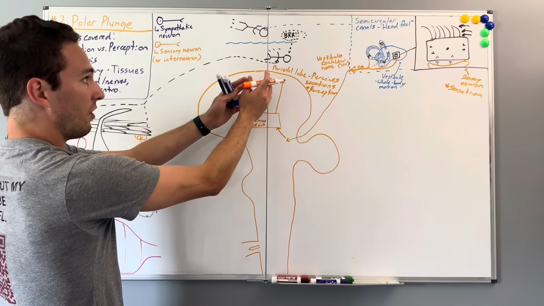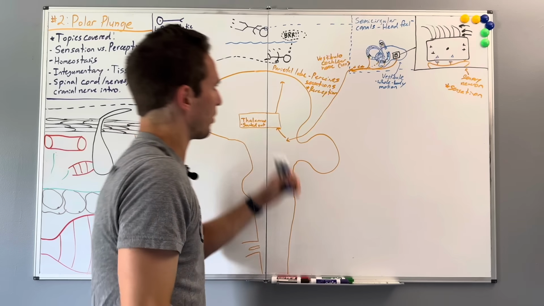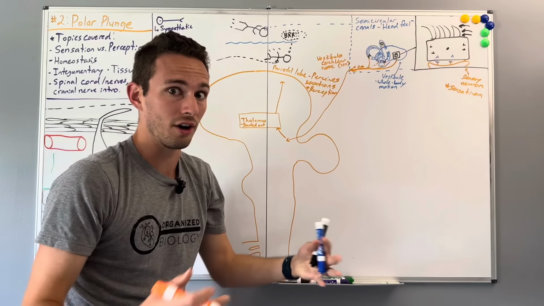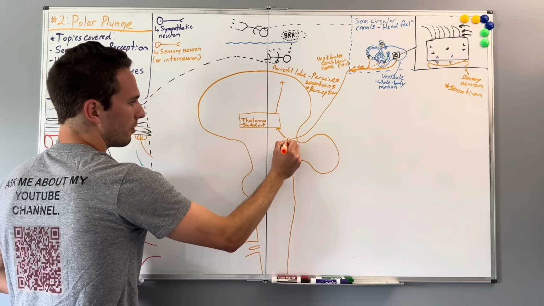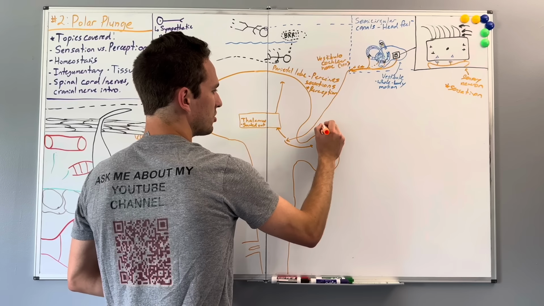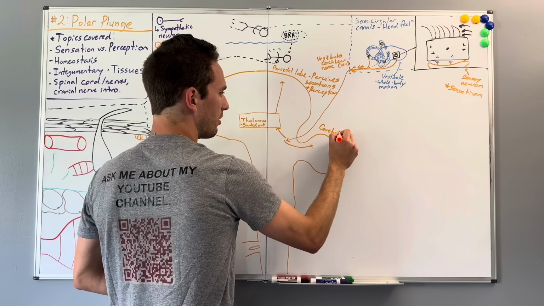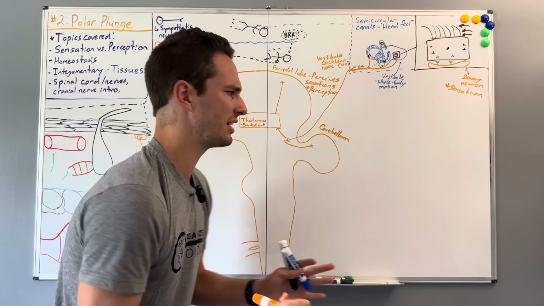So now that we know that we're falling, we also need to prepare our body and make sure we stay upright once we hit the ground or hit the water. How do we balance that out? Well, this will also send information back to a region of the brain in the back called the cerebellum. The cerebellum, I always remember, is like a ballerina. What do ballerinas need to do a lot of?